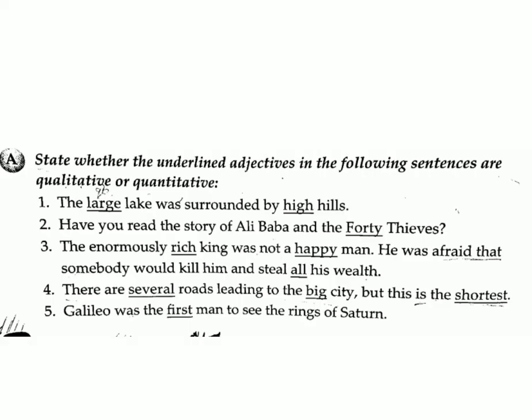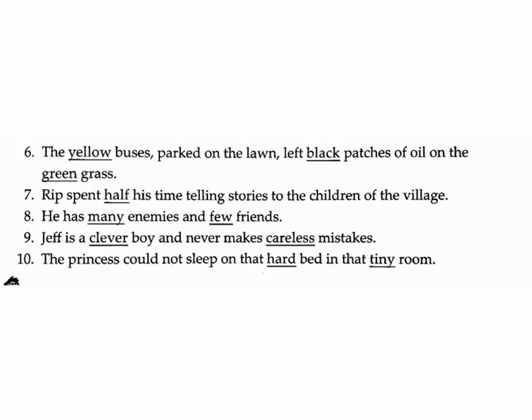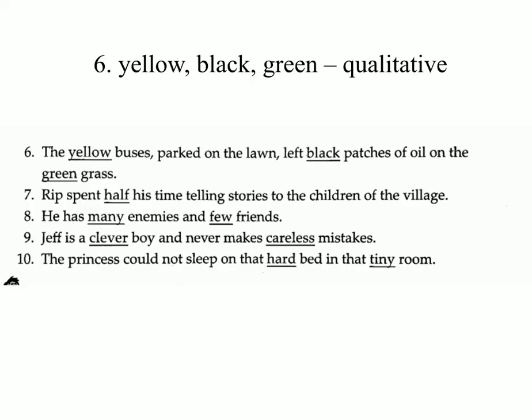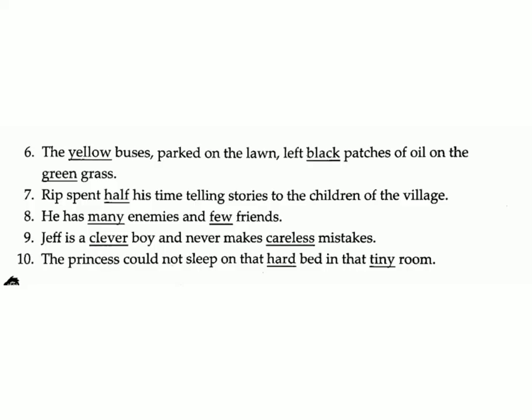5. Galileo was the first man to see the rings of Saturn. Answer: first, quantitative, ordinal. 6. The yellow buses, parked on the lawn, left black patches of oil on the green grass. Answer: yellow, black, green, qualitative. 7. Rip spent half his time telling stories to the children of the village.